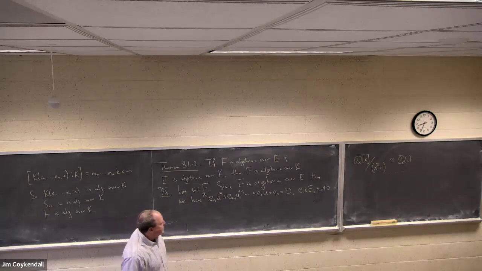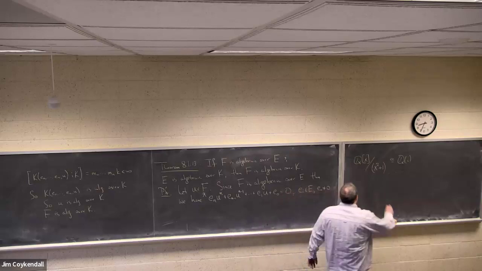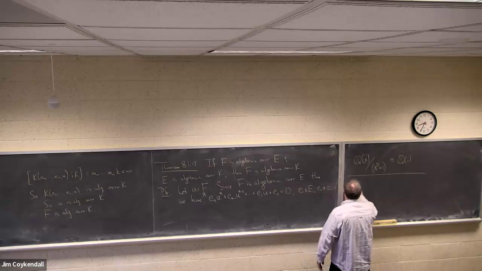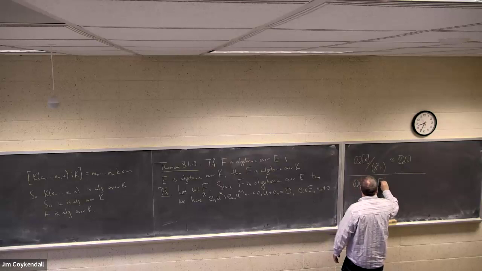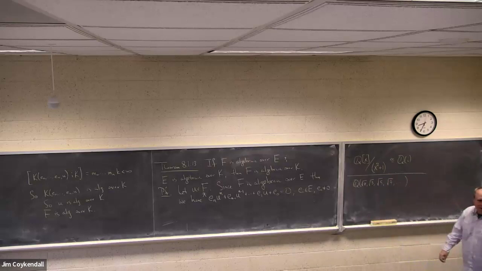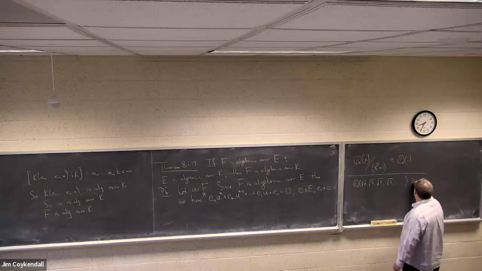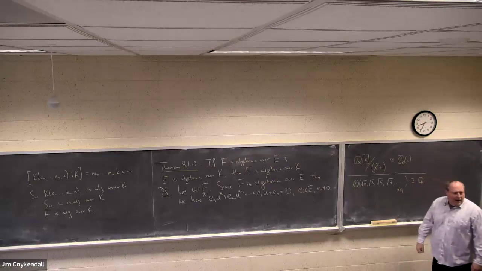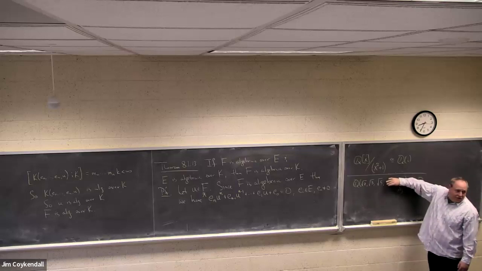But let me point out something else. This is part of the bedrock of ideas in this proof. This field is algebraic over Q, basically because any finite adjunction is.